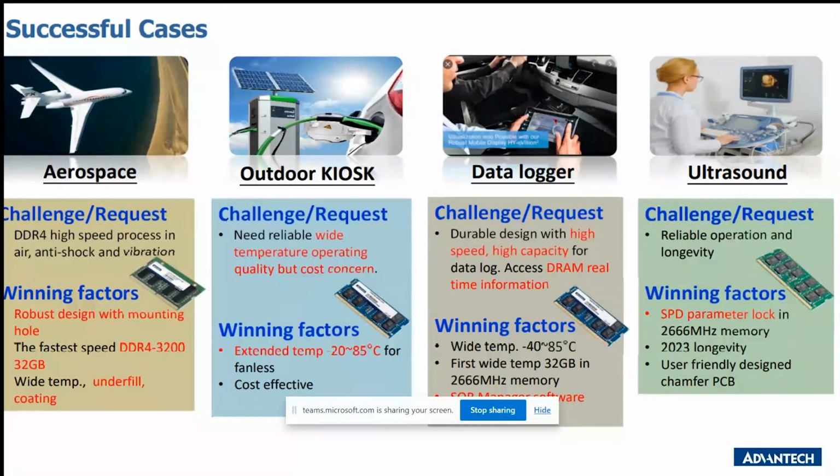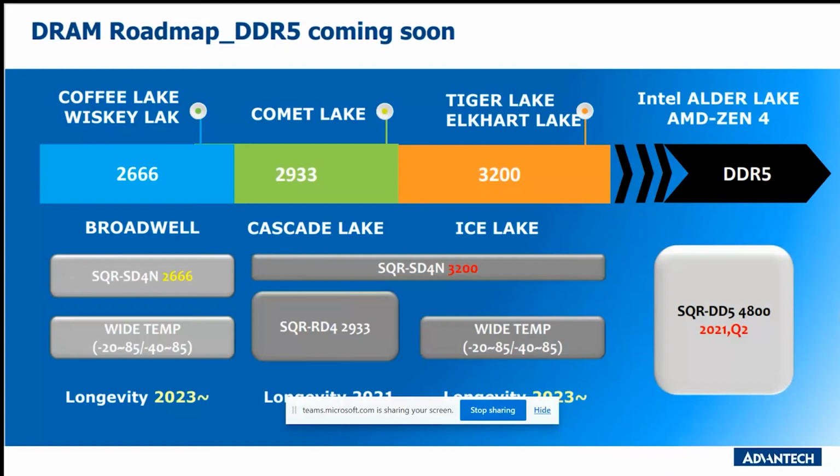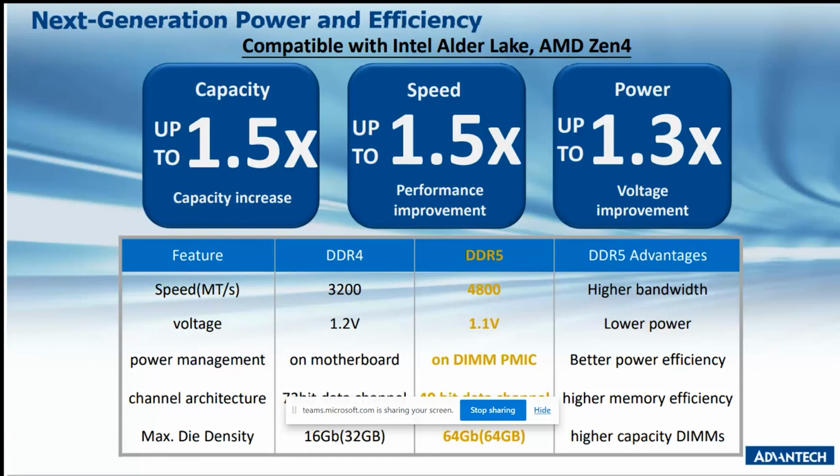Good news, we have our SQRAM in DDR5, which we have been launching since last quarter, this means Q2, with the speed at 4,800. This slide also shows the comparison between DDR4 and DDR5.